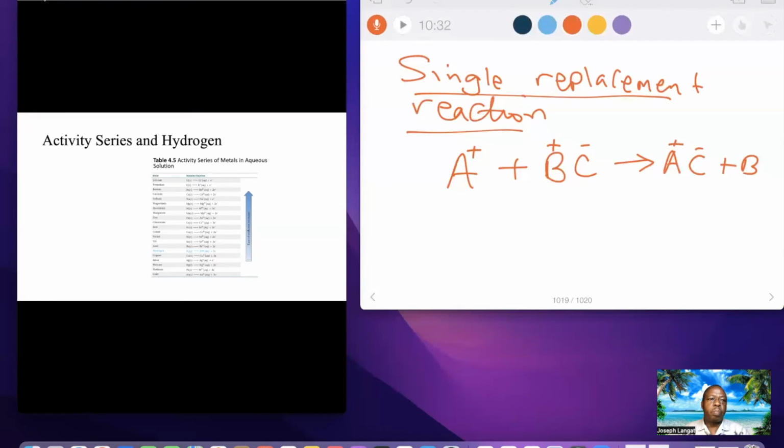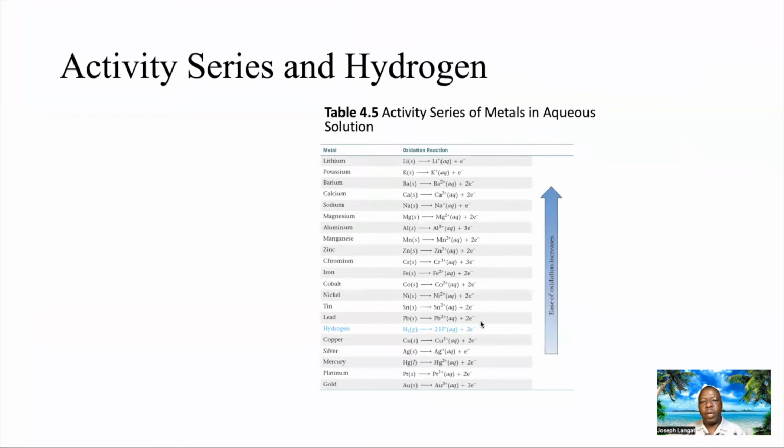I will just bring this. If you look at this, this is what we call activity series. I'll allow you to use it in the quiz, in the exam, to answer questions on single replacement reaction. This is lithium, and so on. You see hydrogen. I'd say metals, but hydrogen is a non-metal.